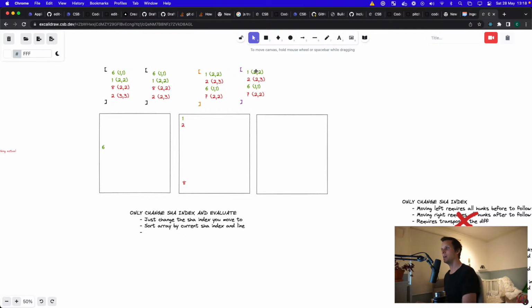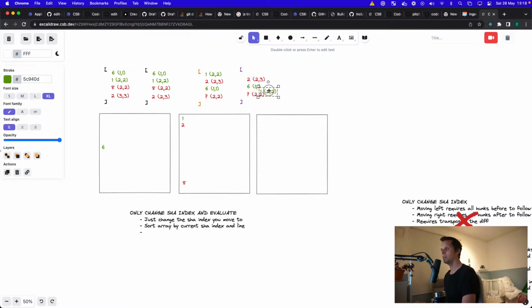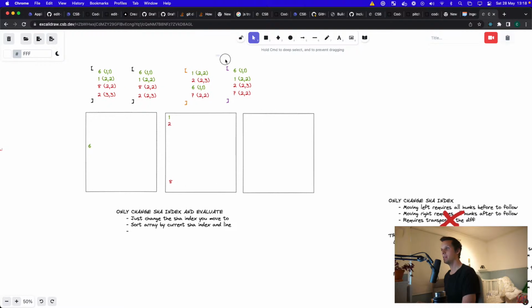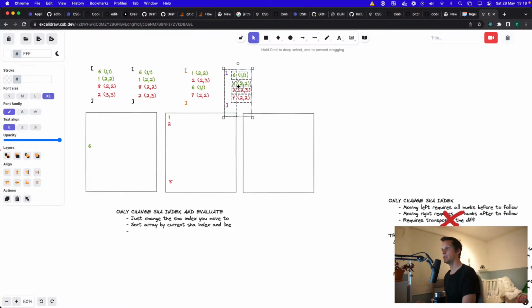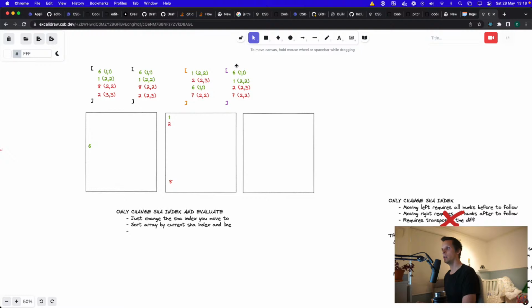We would now do, this is 1. So we would then sort again, and we'll end up with this thing where we can look at each file, and it's in order, and it should be good.